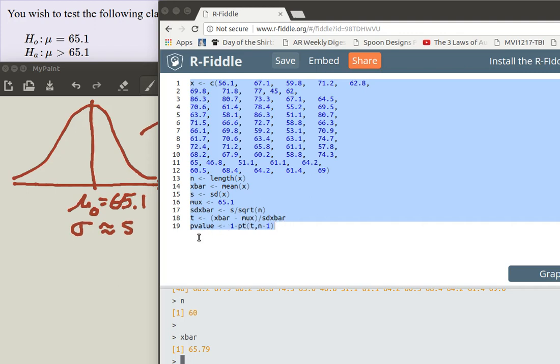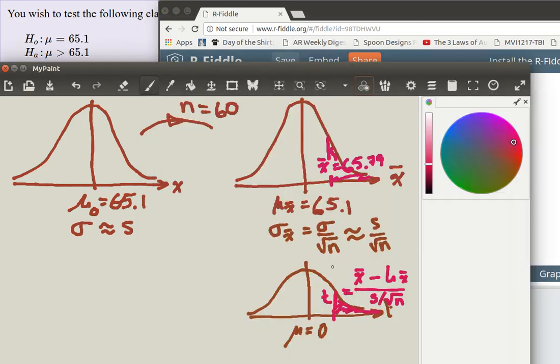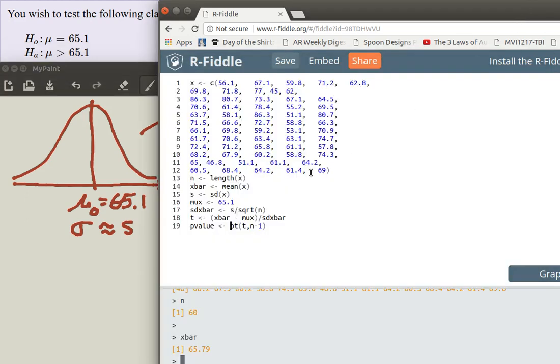And then I needed to find the p-value, which in my case, now notice if I had just done pt, the problem there is that that would be telling me the area below t. So, because I'm doing an upper tail test, that's going to need to be a 1 minus pt. So we can run that script and get the values that we need.